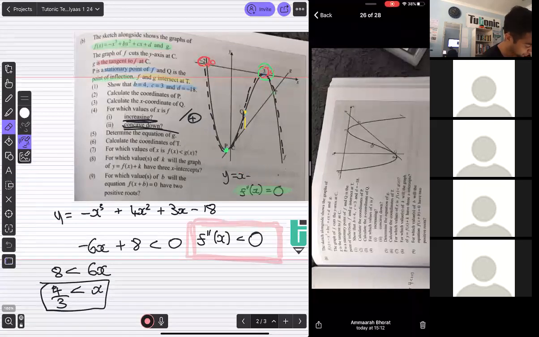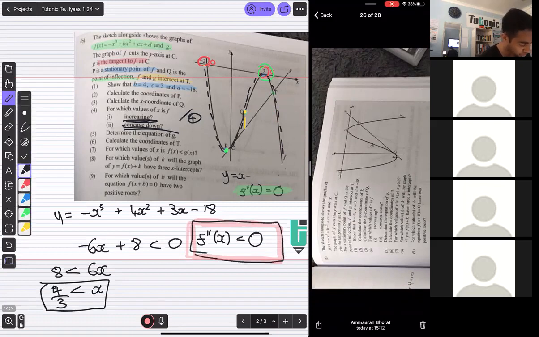You see the graph is below the tangent over here, and here the graph is above the tangent. Do you guys see that? So it's concave down when x is greater than the point of inflection, because the graph is below the tangent. So concave down just means the second derivative is smaller than naught, or the graph is below the tangent.